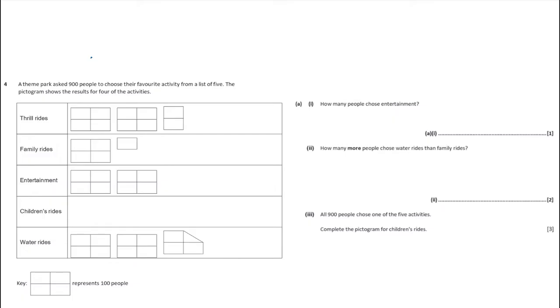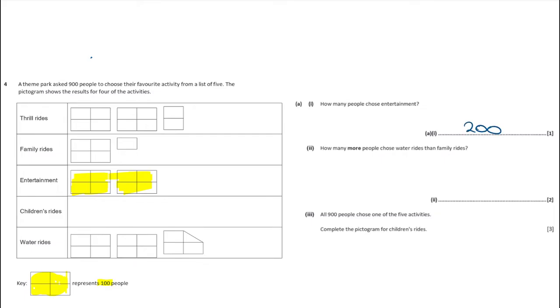So how many people chose entertainment? Well, if one of these represents 100 people, then in entertainment I've got 2 of those. So that's going to be 2 lots of 100. It's going to be 200.